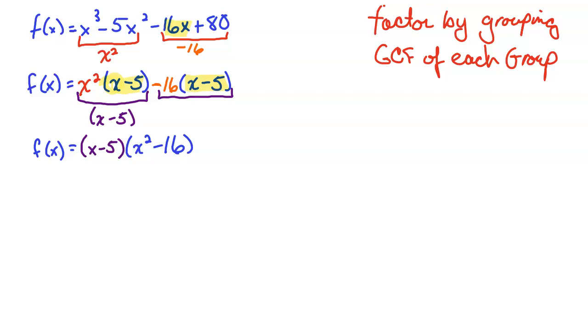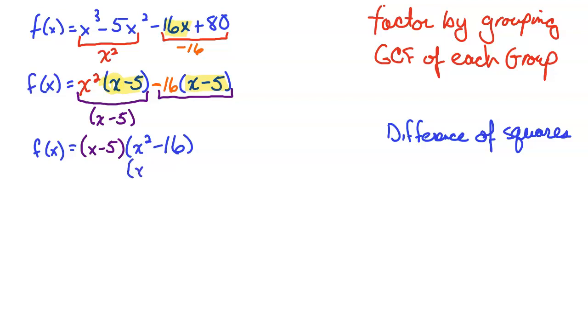Now, I can actually factor this x squared minus 16. This is what is called a difference of squares. Basically I look at the square root of x squared and the square root of 16.